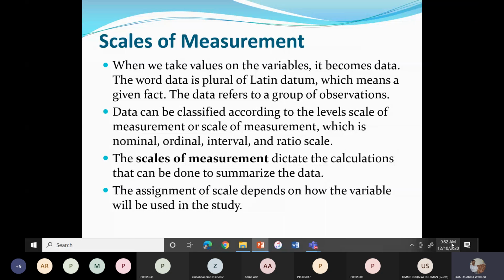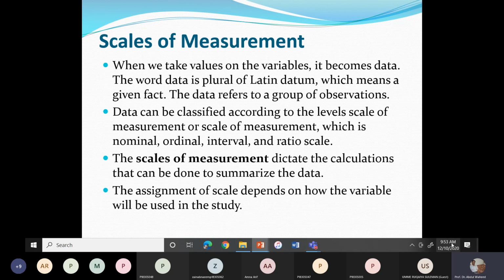So data is a plural of Latin term datum, which means a given fact. So one single fact is datum, and a collection of facts is data.